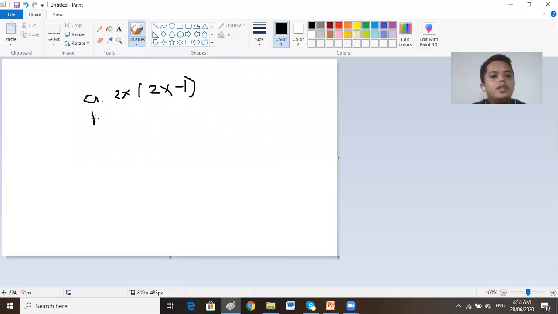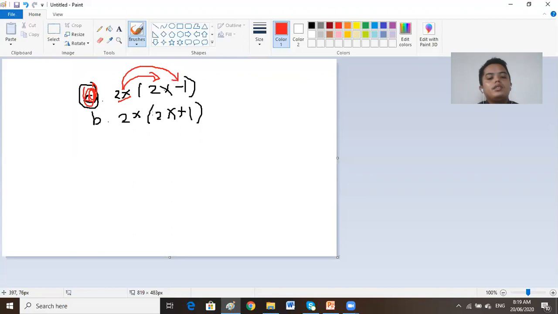If choice B in the board exam is 2x times 2x plus 1, in answering the board exam you just pick a choice. If you pick choice A as the possible correct answer, you do the reverse process and distribute 2x to the inside parentheses.